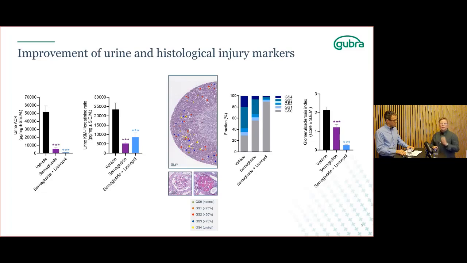Yeah, so I don't know if we can infer that from these particular data that I've shown you here, but there are more data from this study that I haven't shown you here today that would indicate that some of the effects of semaglutide, and that's also what is being discussed in the society at the moment, are anti-inflammatory effects of semaglutide, and it's obviously super interesting to dig further into these effects to understand them.